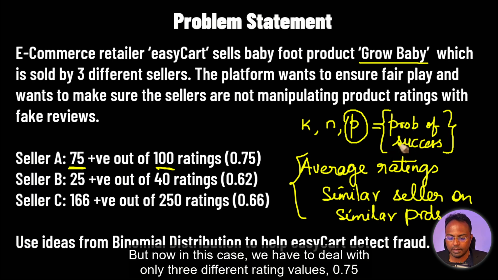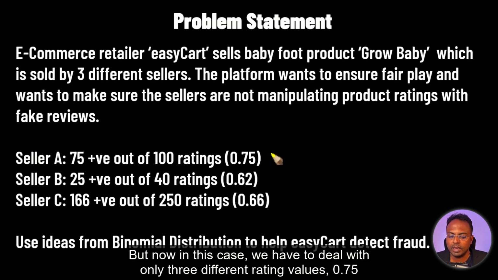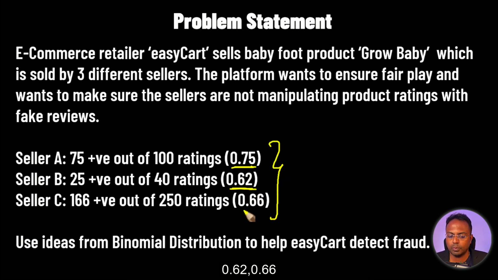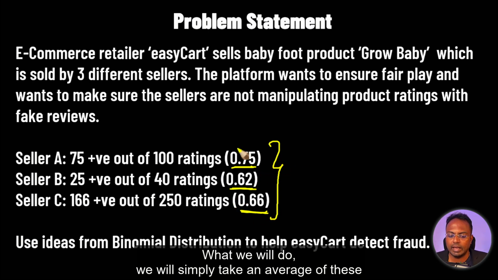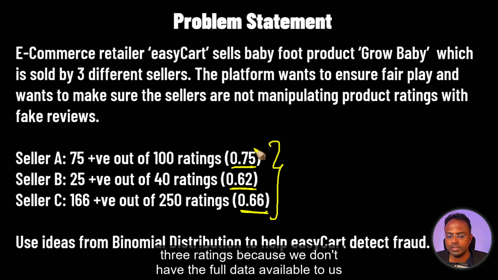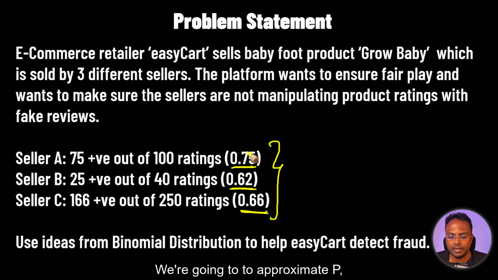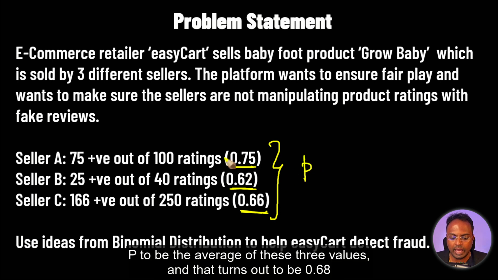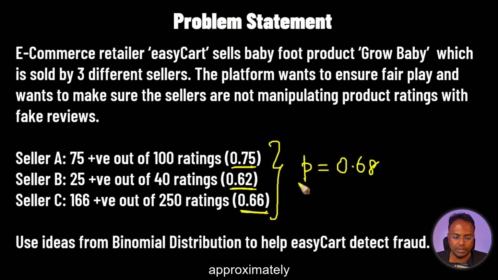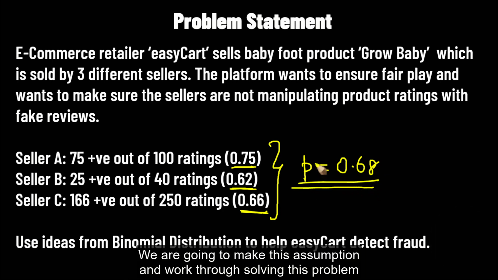But in this case, we have to deal with only 3 different rating values, 0.75, 0.62, 0.66. So we will simply take an average of these 3 ratings because we don't have the full data available to us. We're going to approximate P to be the average of these 3 values, and that turns out to be 0.68 approximately. So we are going to make this assumption and work through solving this problem.